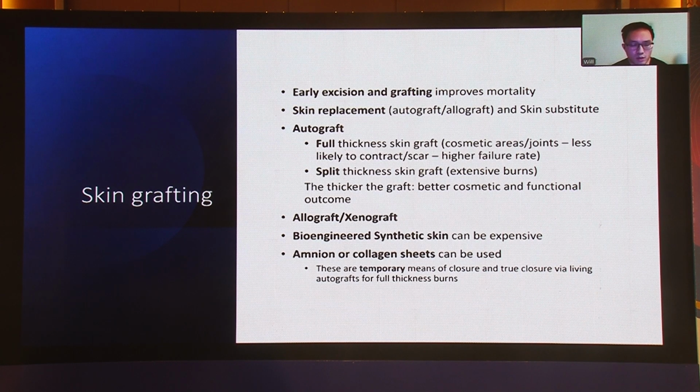This will need to be looked at and respectfully consider the patient's traditions and wishes, as that may or may not be appropriate for a particular population. Bioengineered synthetic skin can also be expensive. For places where skin grafting may not be present or available immediately, amnion collagen sheets can be used temporarily to close the area before a living autograft or allograft can be identified.